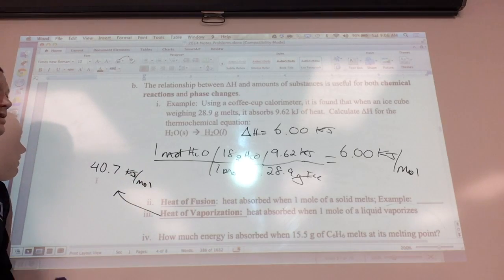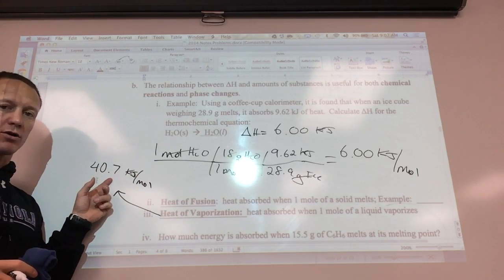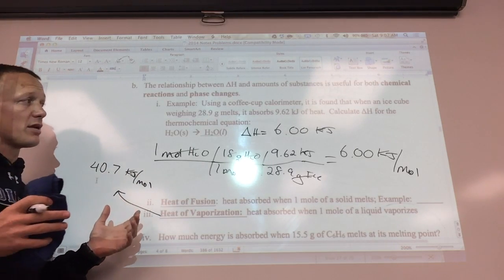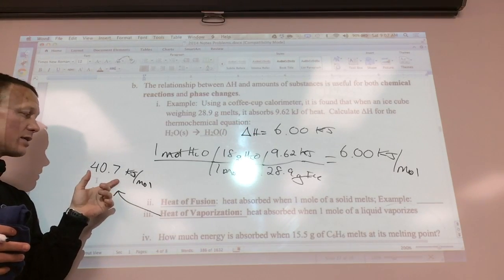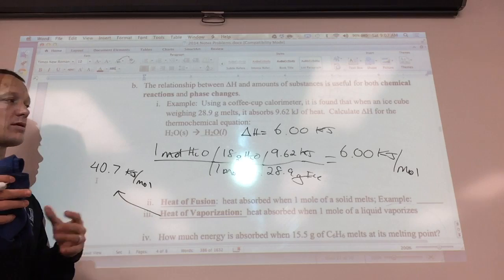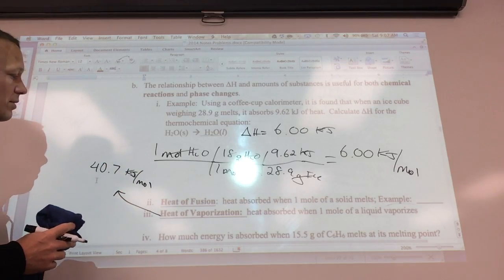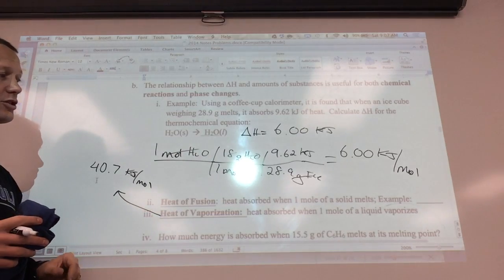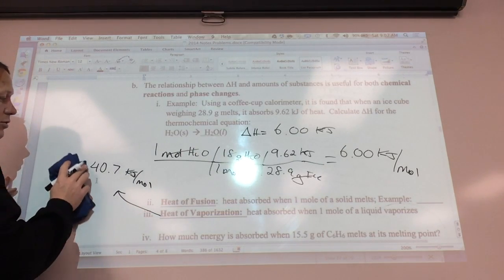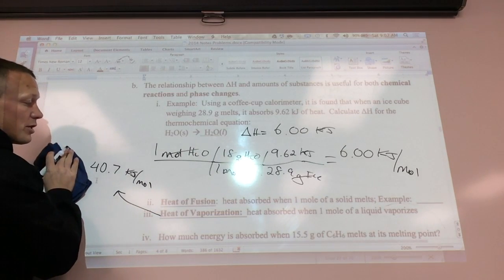So notice it takes a lot more heat to make a mole of water evaporate than it does to make a mole of ice melt. You have to add a lot more heat to make water evaporate than to make ice melt. So heat of fusion is melting ice, heat of vaporization is making water turn into steam, or any liquid turn into vapor.